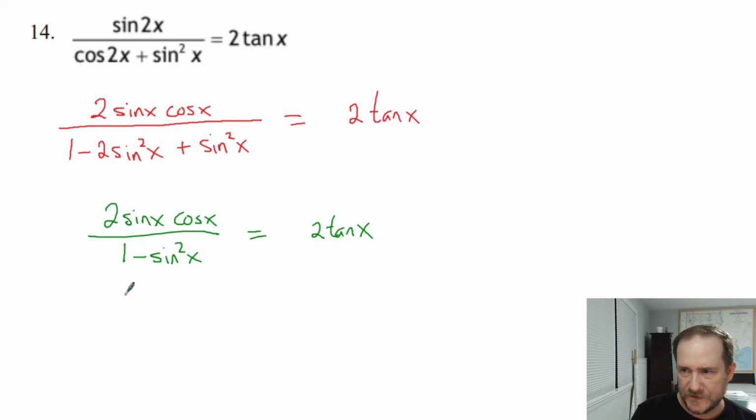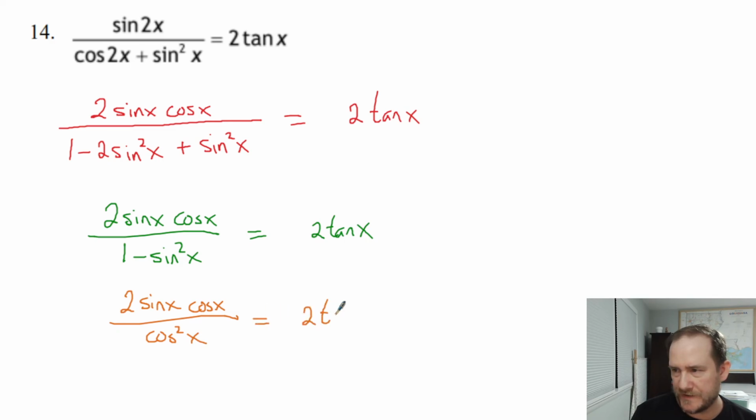This will now be cosine squared. And it's supposed to equal 2 tangent of x. And I can now cancel a cosine with one of these cosines, giving me 2 sine x over cosine x, which of course is 2 tan x.